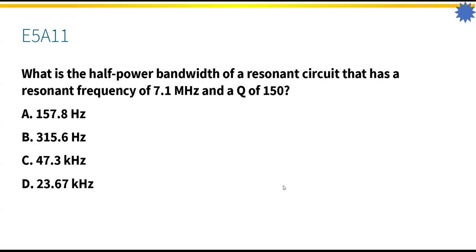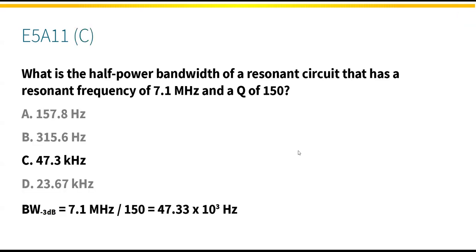So what's the formula? Frequency divided by Q. So 7.1 million divided by 150. A little less than 50 kilohertz, right? Mm-hmm.